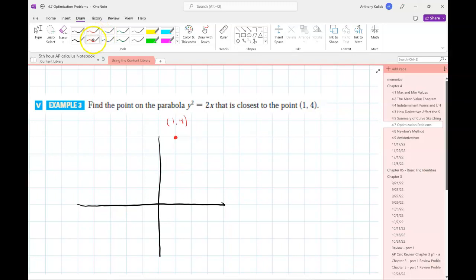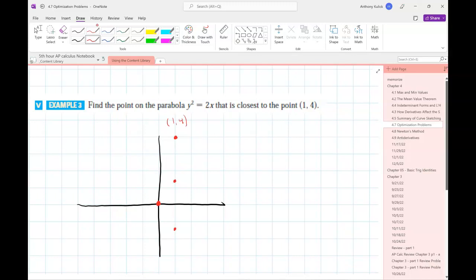So let's plot our parabola here. So if I pick x to be 0, what does y have to be? 0. Okay. If I pick x to be 1, what does y have to be? Plus or minus the square root of 2, which is like 1.4-ish.